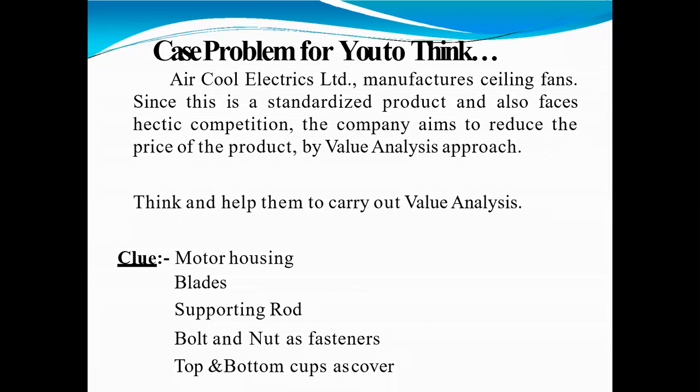What is the width of the blade? What is the angle? What is the curvature? What is the inclination? If you look at all these points, you can find certain solutions, and that will be helpful in the value reduction process, and that is nothing but the value analysis.